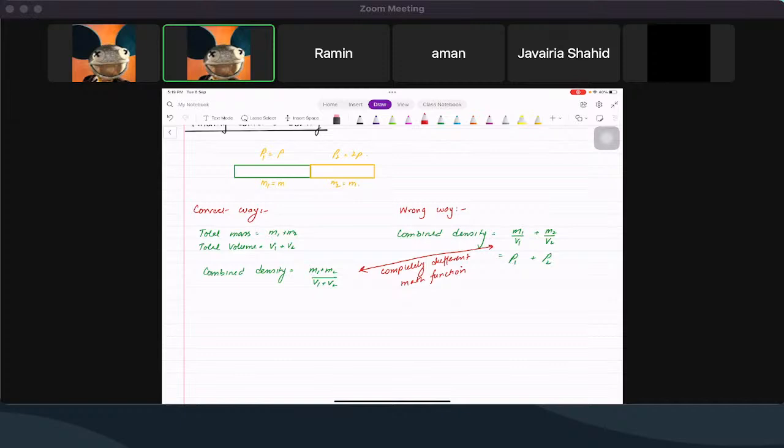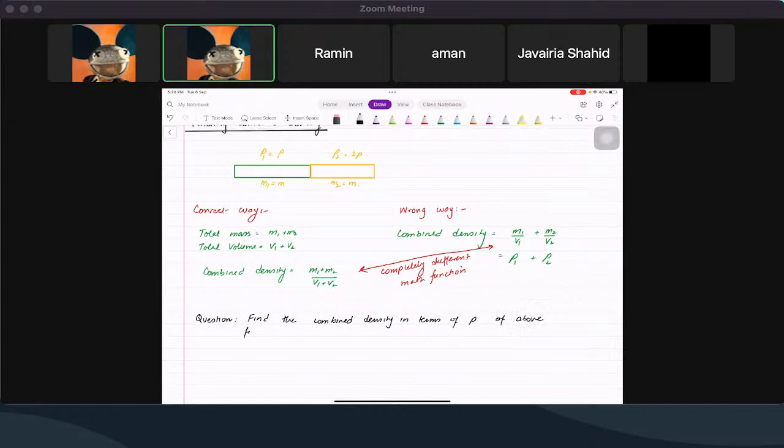All right, now what I want you guys to do is the same question here. Find the combined density in terms of rho of the above figure.